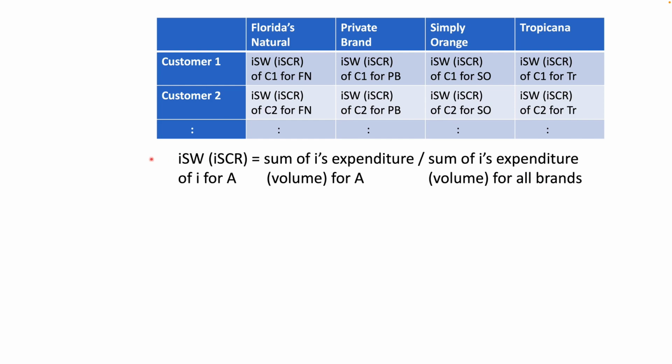Then we can get the share of wallet and share of category requirement. So we need these two numbers.